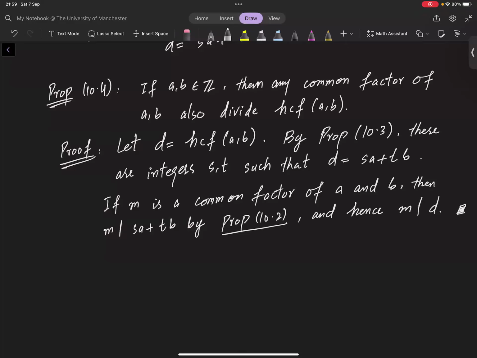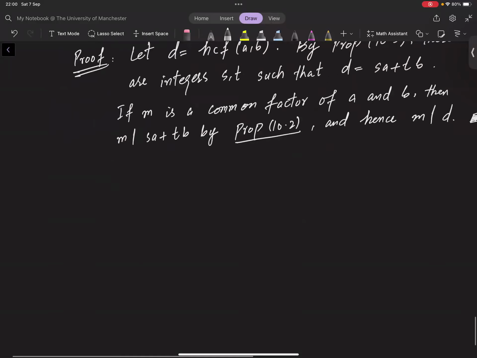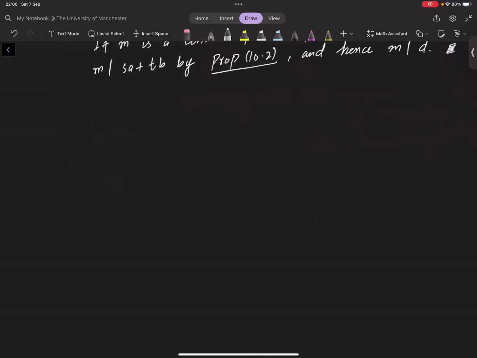Perfect. We are now in a position to prove a highly significant fact about prime numbers. Namely, if a prime P divides the product AB of two integers, then P divides one of the factors A and B. So this is a very nice result, and we'll put it into some proposition, but let's write this result in the golden words.